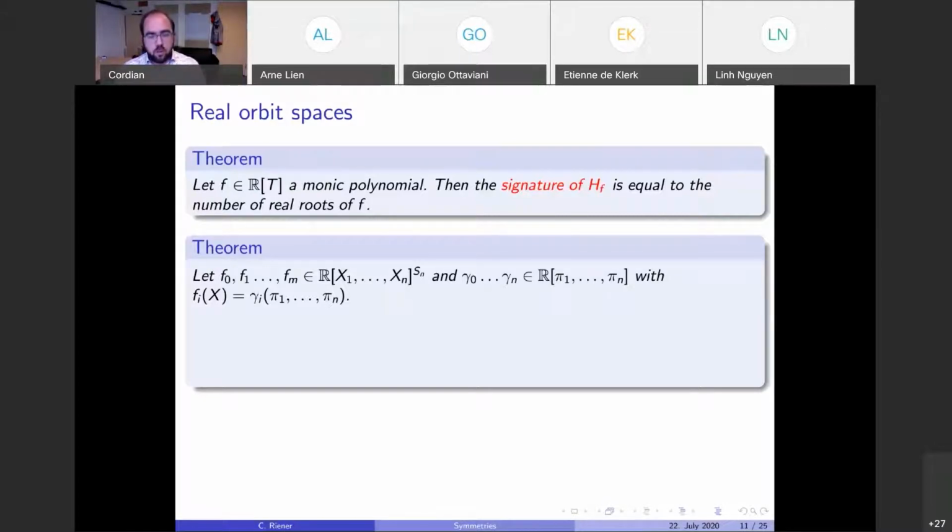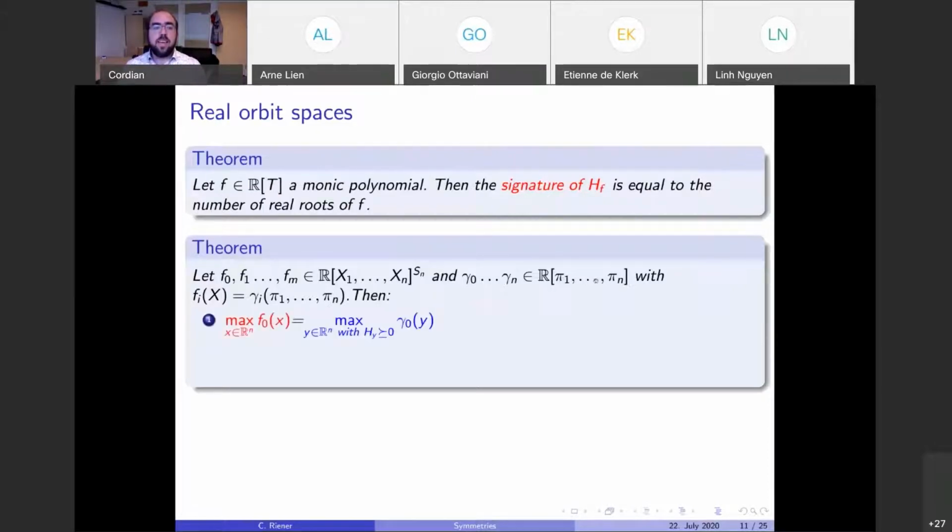So we can now use this insight on monic polynomials to get to the following. Suppose I start with f0, f1 to fm. These are symmetric polynomials in R[x1, ..., xn] with real coefficients. And I know that they can be expressed by some polynomials gamma 0 to gamma n in some choice of invariants, but let's say, for example, the elementary symmetric polynomials.